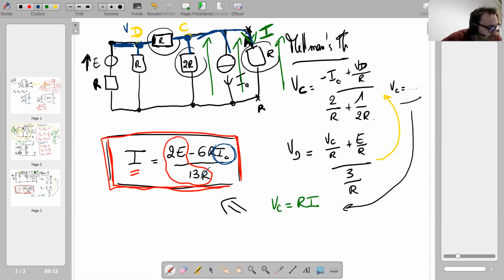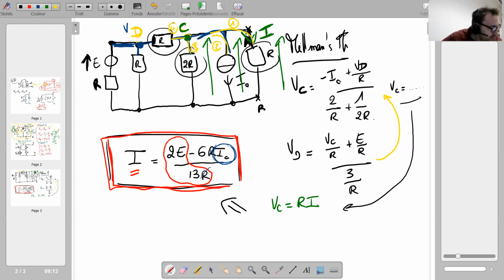If it's helping you, something you can do also: let's say that I'm applying here Millman theorem at C, and so I consider this. Let me put some color. I have this branch here that I call 1, this branch here that I call 2, this branch here that I call 3, and this branch here I call 4.